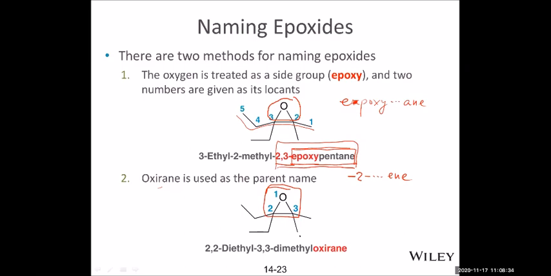This side has 2 methyl groups. And since either way, those 2 carbons in the oxirane have 2 substituents, that makes them equal. So next we boil down to alphabetical order. Position 2, you get a 2-ethyl group.